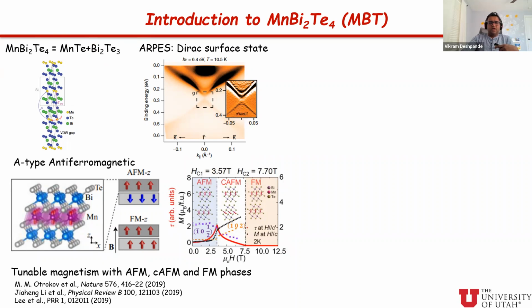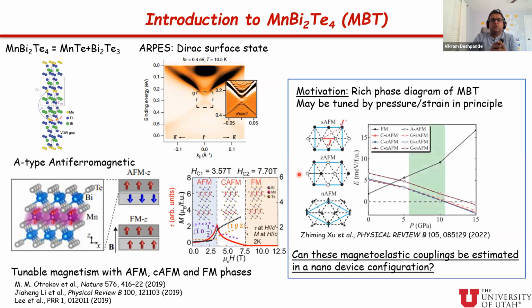For example, it appears that this material has 3 different magnetic phases as a function of magnetic field: an antiferromagnetic phase at the lowest fields, a canted antiferromagnet at intermediate fields, and finally a ferromagnetic phase at very high fields. And so we've tried to think about whether we can look at these different states using a different technique.